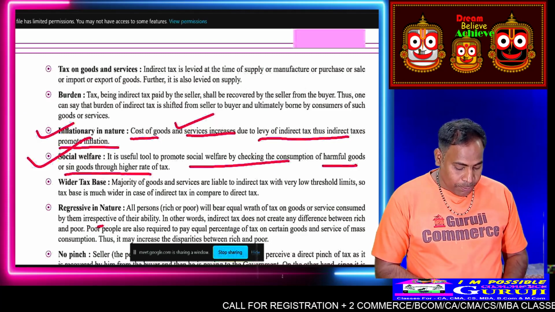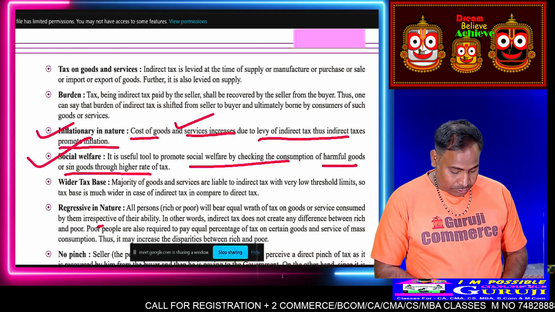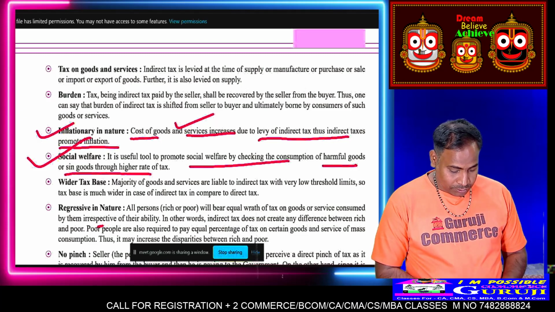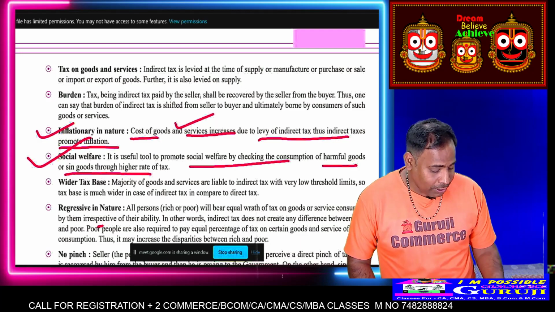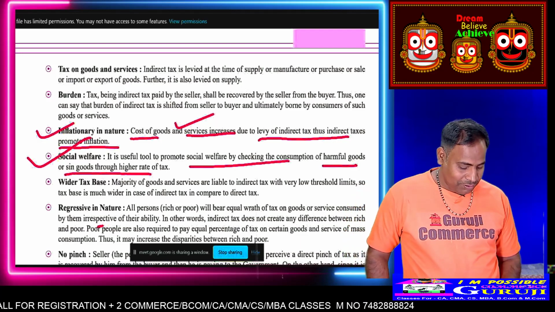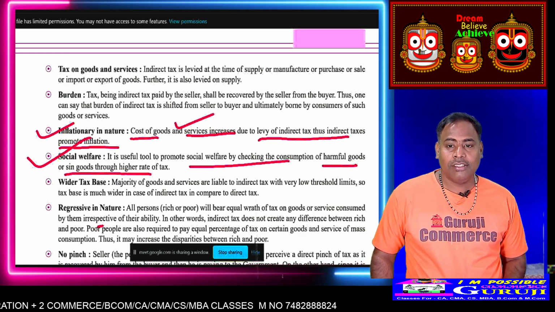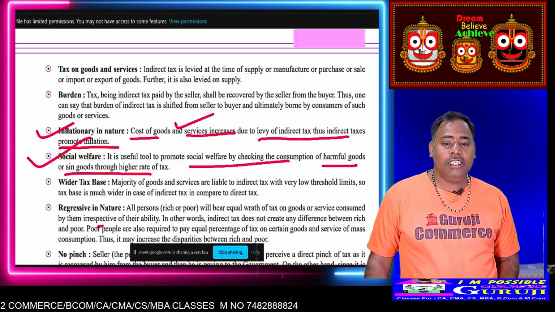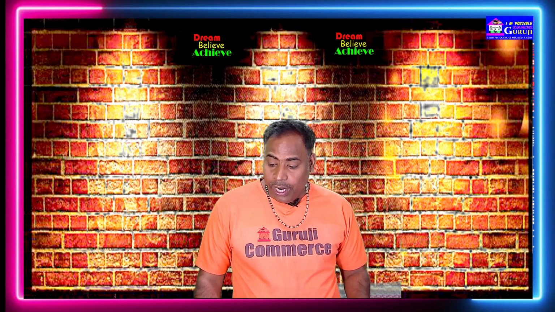Is GST applicable on cigarettes or not? Search in Google how much percentage GST is on cigarettes. 28% is the GST on tobacco and cigarettes.